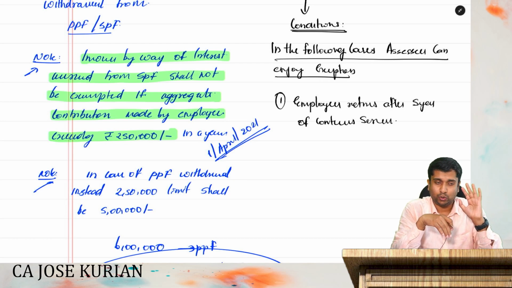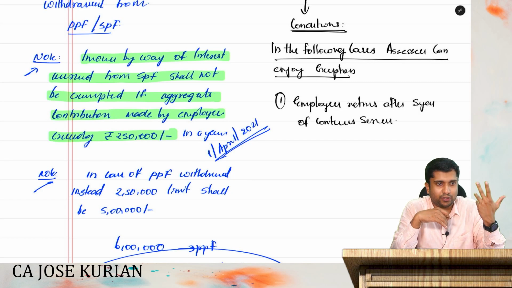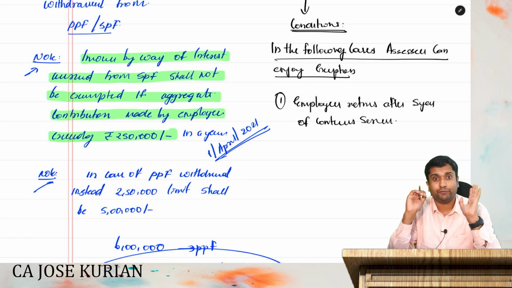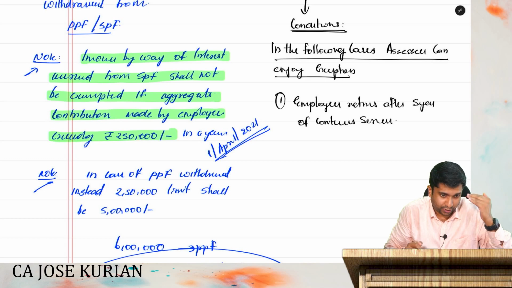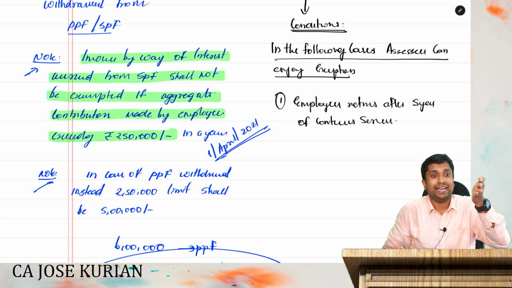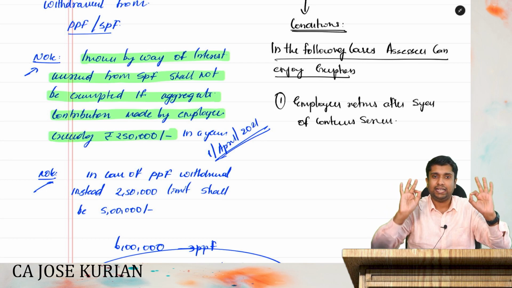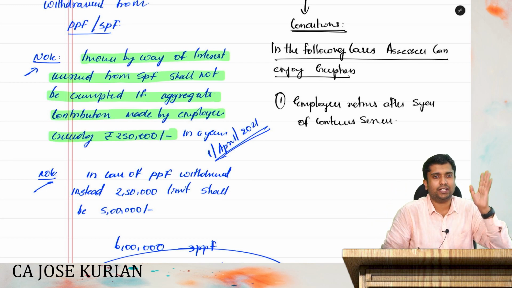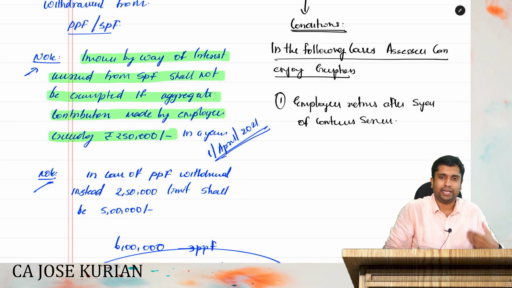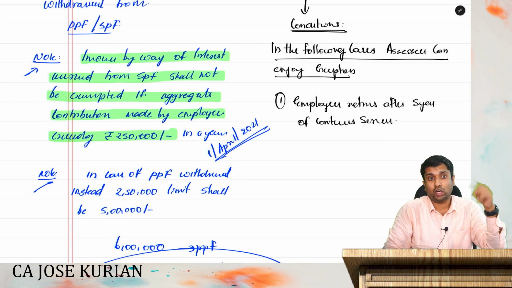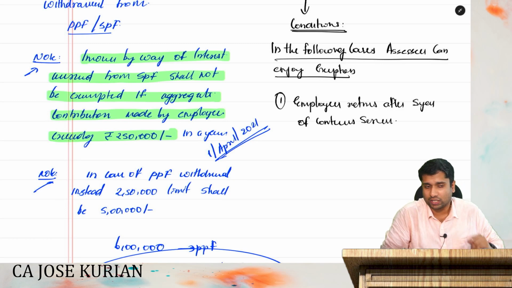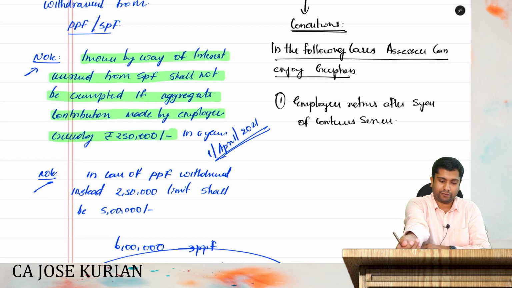You are retiring after 5 years of continuous service. Then what is your advantage? You are eligible for an exemption under section 10(12). You can enjoy the entire withdrawal as an exemption. If you have 5 years of continuous service, don't even think about any taxability from withdrawal from RPF. What is RPF? Recognized Provident Fund.